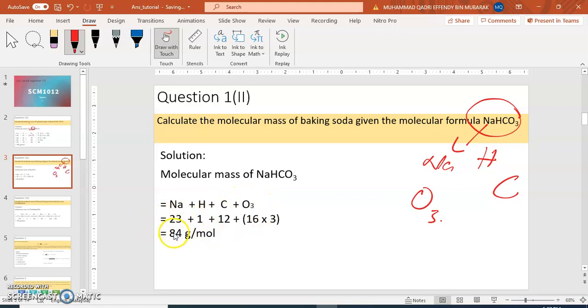Again, identify the molecular mass of each species by referring to our periodic table. Na is 23, hydrogen is 1, carbon is 12, oxygen is 16. But here we have 3 units of oxygen, so we multiply it by 3. Calculate it and we will get 84 grams per mole.